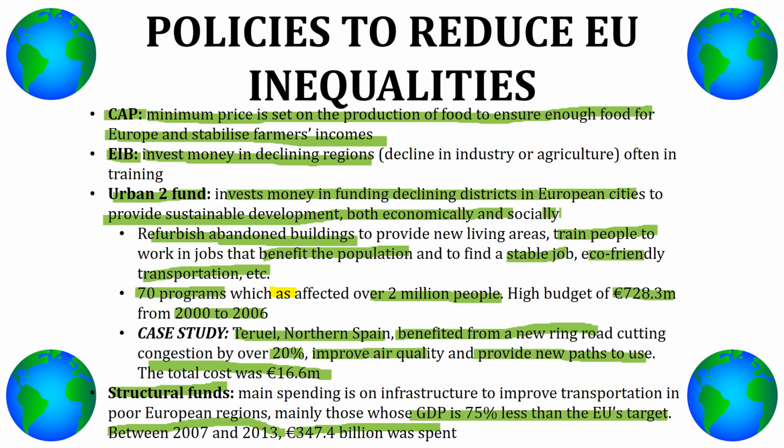And between 2007 and 2013, 347.4 billion euros was spent. So yeah, these are 4 policies to help to reduce EU inequalities, and they are generally quite successful.